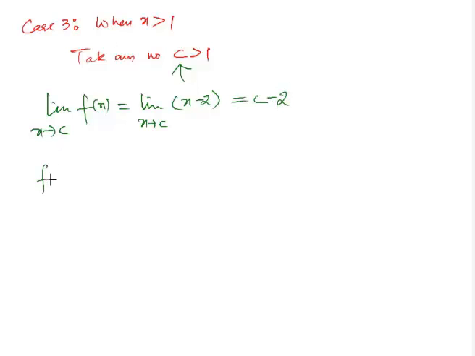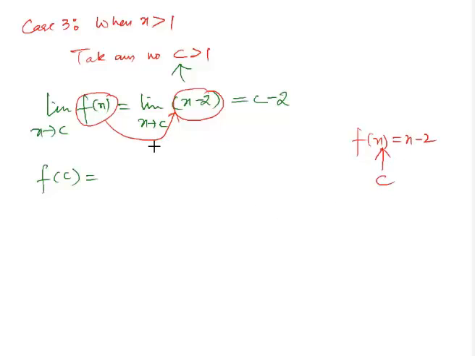Okay, now next we have to find the f of c value. When x is greater than 1, the function is x minus 2, so in the place of x we put c. So f of c will be equal to c minus 2.